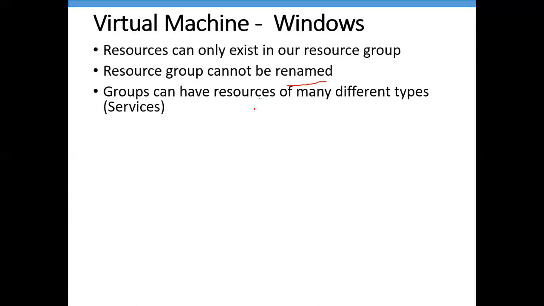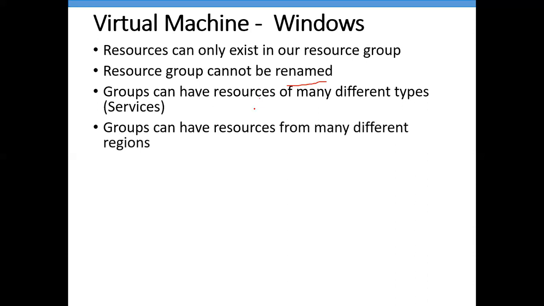A group can also have resources from many different regions. Like, I'm going to create the virtual machine in one region and the database in another region. Can I put all those things in one single resource group? Yes, it is also possible.